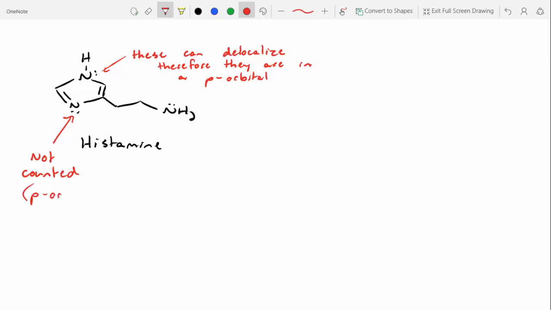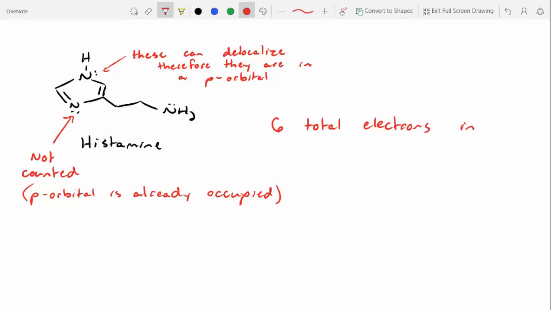So if we look at this, how many total electrons do we have? 6. Therefore, it's going to be aromatic.